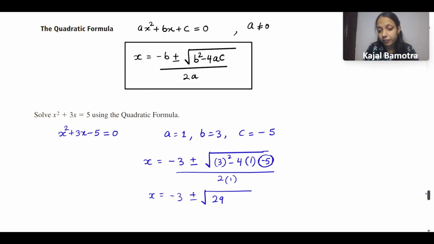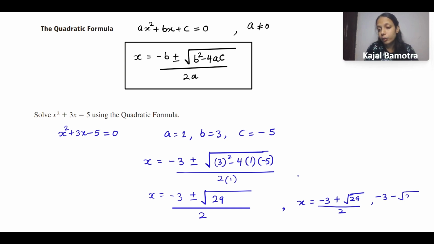Because this is negative 5, and the negative is already there, so negative times negative is positive, 5 fours are 20. So 20 plus 9 is 29, over 2. This is the answer. So x equals negative 3 plus root 29 over 2 is one answer, and negative 3 minus square root 29 over 2 is the other answer.